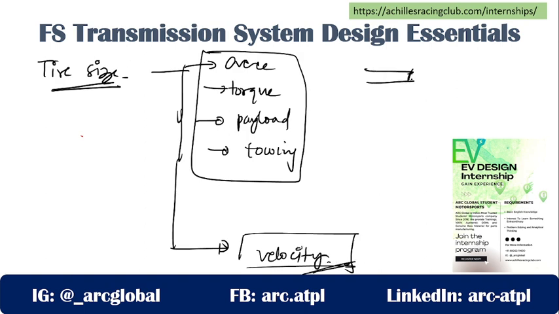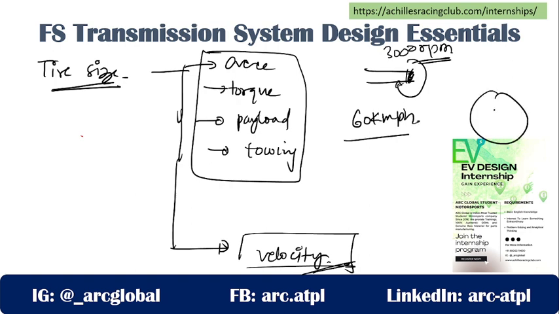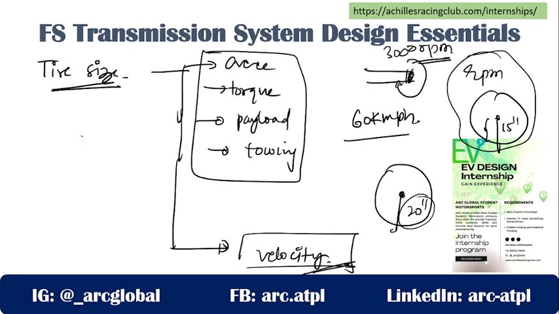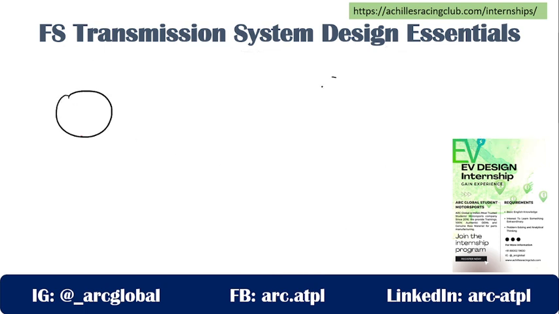So if my engine is producing 3000 rpm, and I need to produce the maximum velocity, say for example, 60 kmph, I'm using this smaller tire having 15 inches of radius, or I'm using another tire having 20 inches of radius. What is the RPM required to achieve 60 kmph? Just simply calculate it. So there are two tires, and I need to achieve a velocity of 60 kmph.